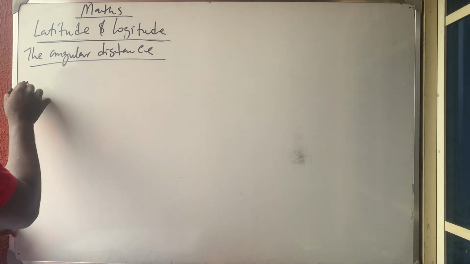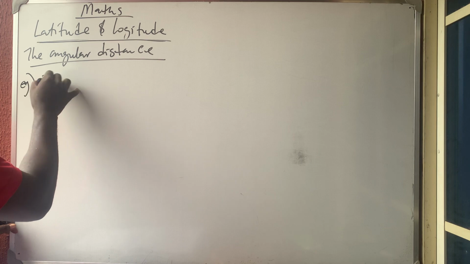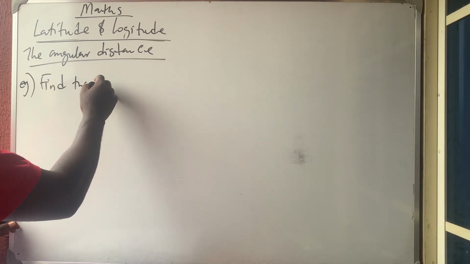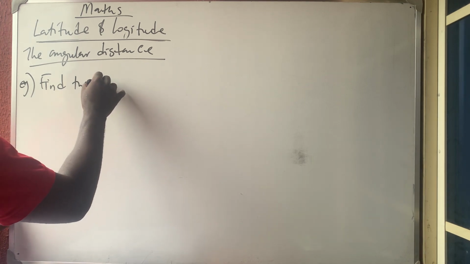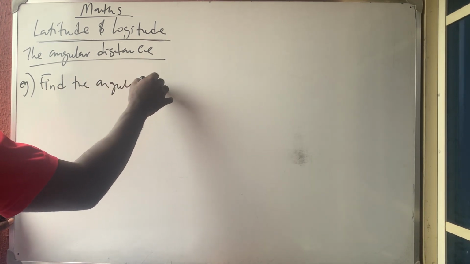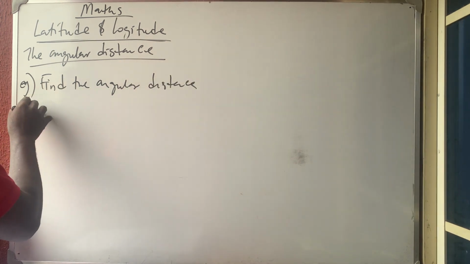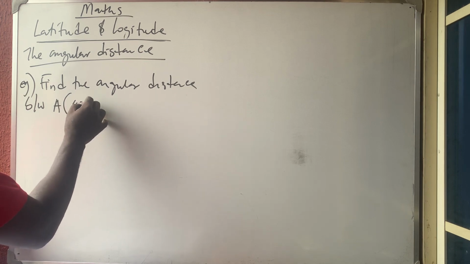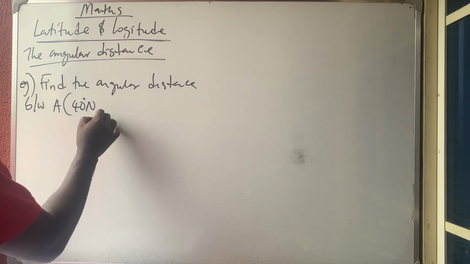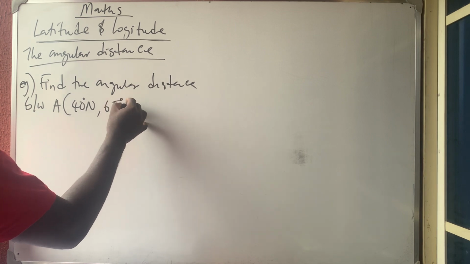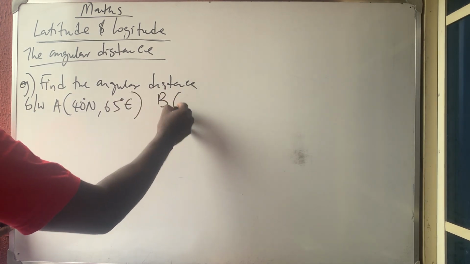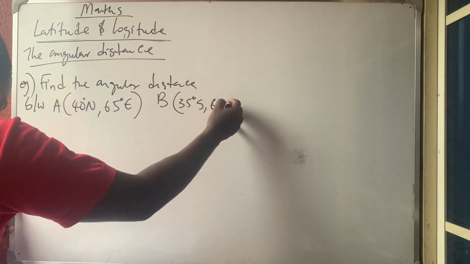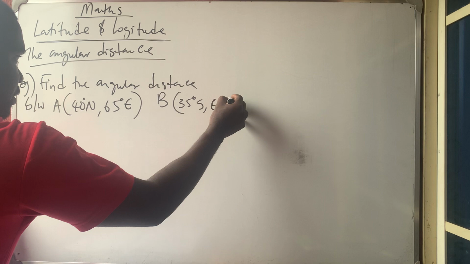For example, find the angular distance between A and B, where A is 40 degrees north, 65 degrees east, and B is 35 degrees south and 65 degrees east.